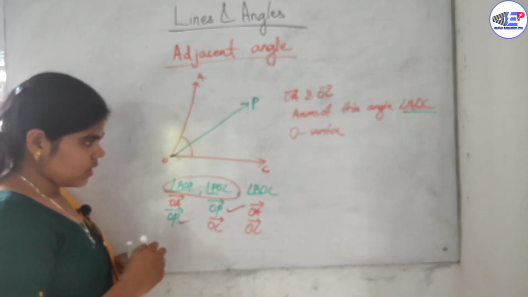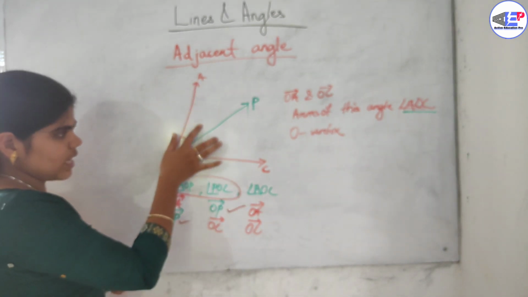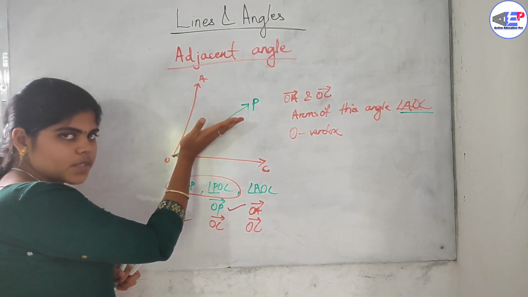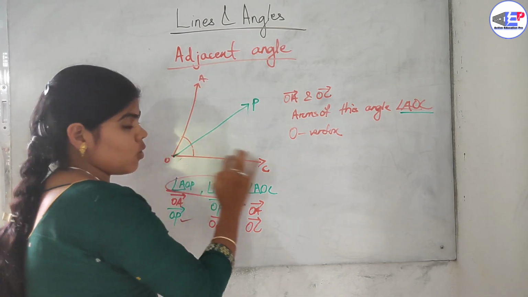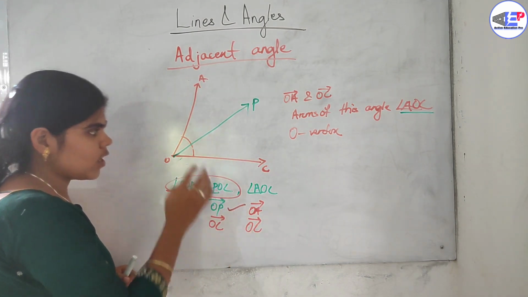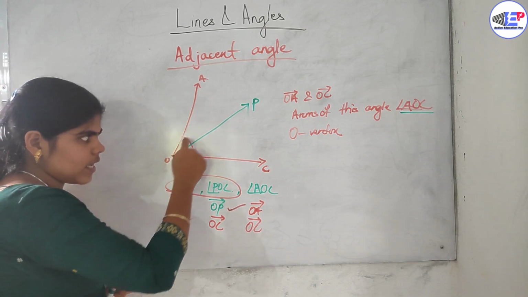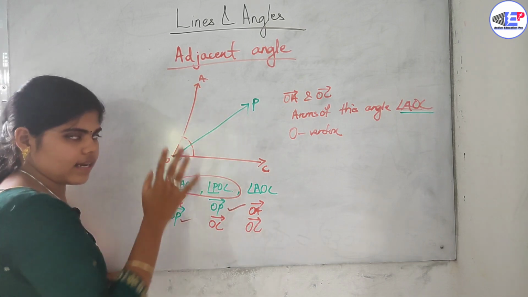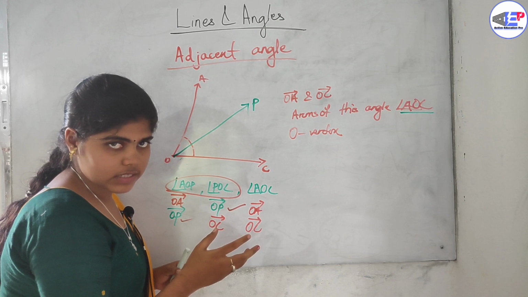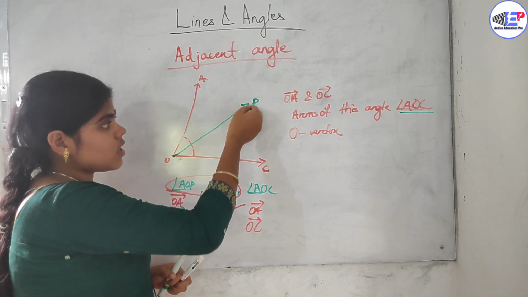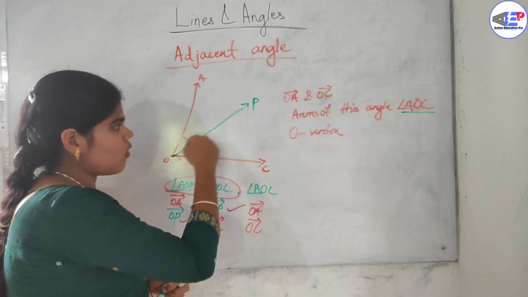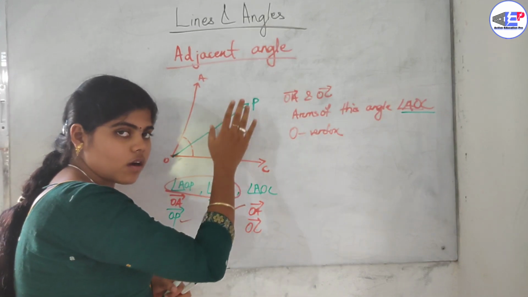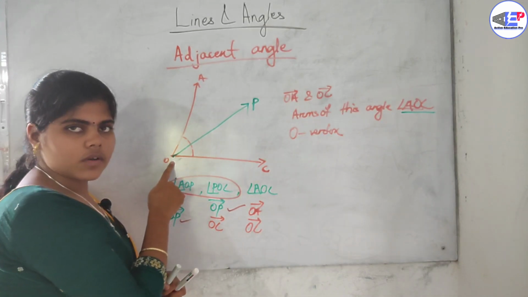To make these two angles AOP and POC, OP is compulsorily needed. Once again I repeat: these two angles AOP and POC are a pair of adjacent angles because there is a common arm. This is OP. In these two angles AOP and POC, OP is the common arm and O is the common vertex.